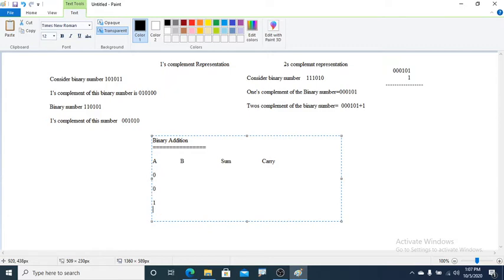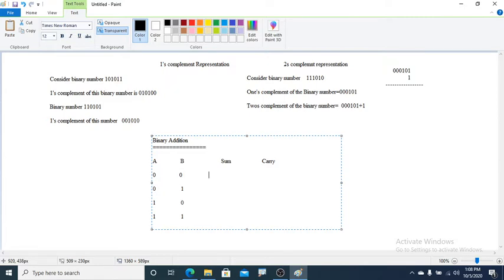Okay, now here a value is 0 0 1 1. Now I am taking b value. So b is 0 1 0 1. Okay, now what is the sum of these two?